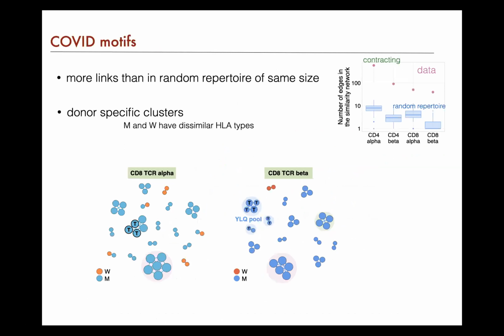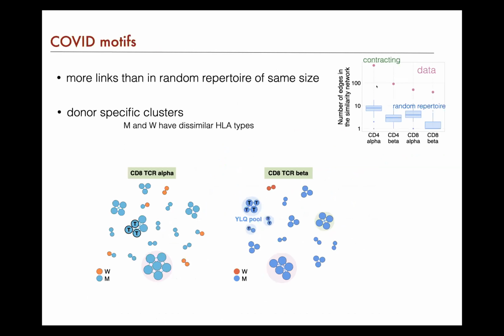So, okay, what do we learn about the actual clones? So let's look at motifs, because we know that responding clonotypes tend to be similar. So the first thing we verified is that this is true. We looked at the contracting data.